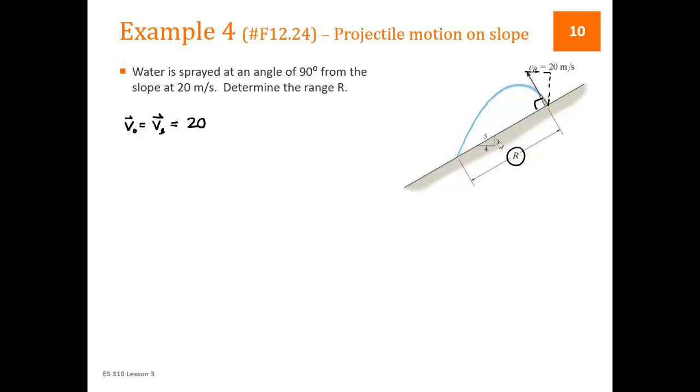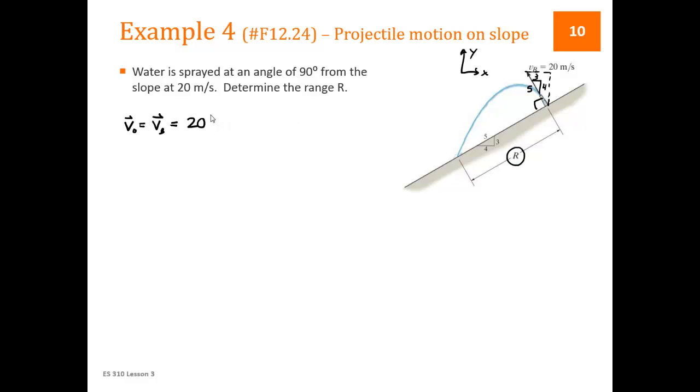If this is a 3, 4, 5 triangle, then the perpendicular triangle to it, this is going to be the 5, this is going to be the 4, and this is going to be the 3.